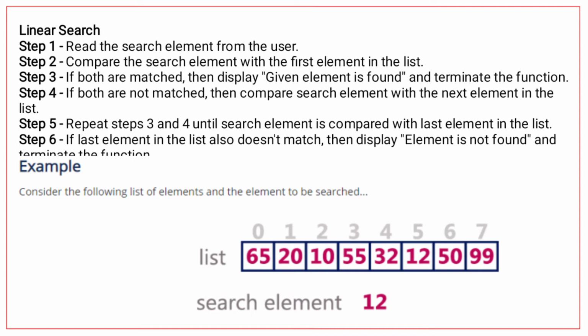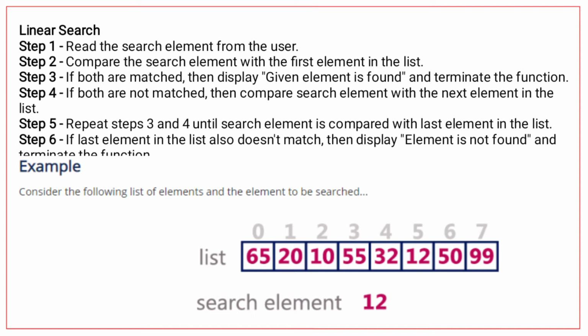This search process starts comparing search element with the first element in the list. If both are matched, then result is element found. Otherwise, search element is compared with the next element in the list.